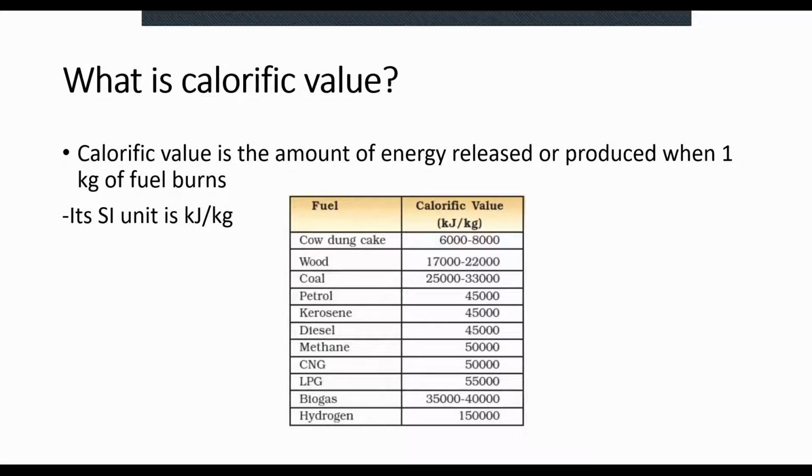Or thermal energy. So every fuel has a different calorific value. Petrol is 45,000 kilojoule per kilogram. If you burn 1 kilogram of petrol, we will get 45,000 kilojoule of energy. This is the calorific value. But we can't use all of that 45,000 because it depends on the efficiency of our engine.